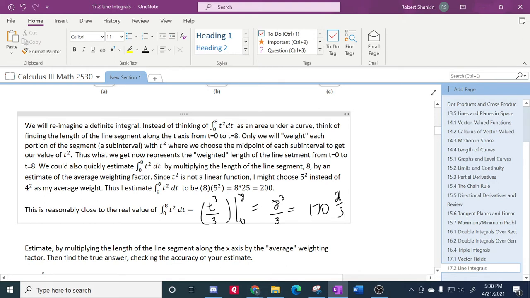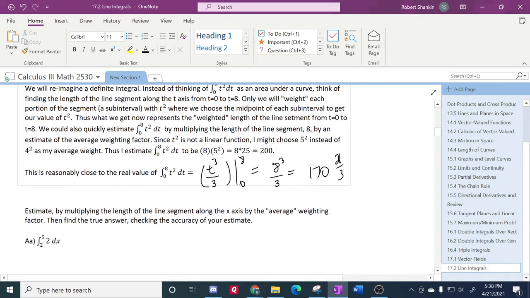All right, to see if you've got the idea, and to reinforce the idea, I'm going to have you practice this. Estimate by multiplying the length of the line segment along the x-axis by the average weighting factor.